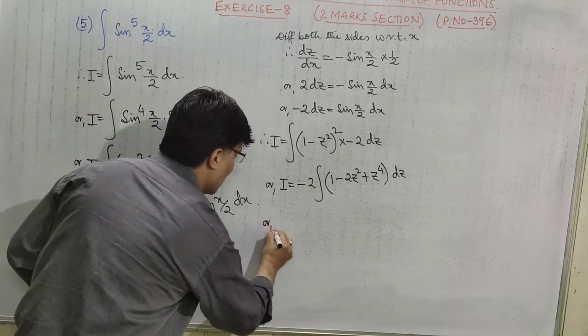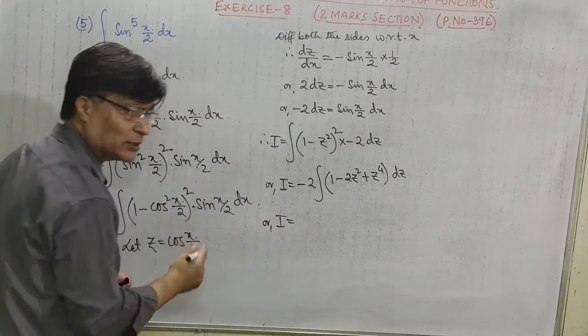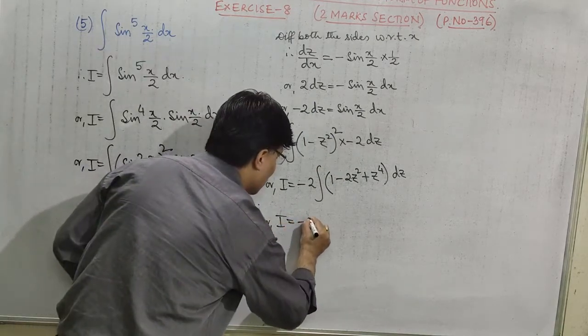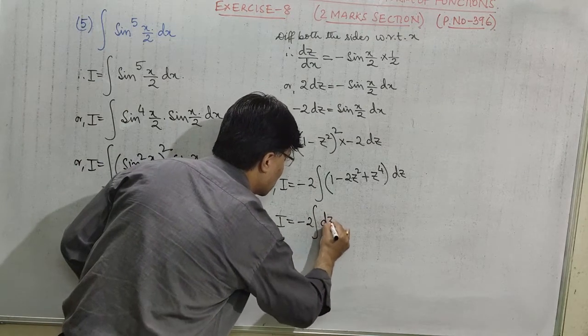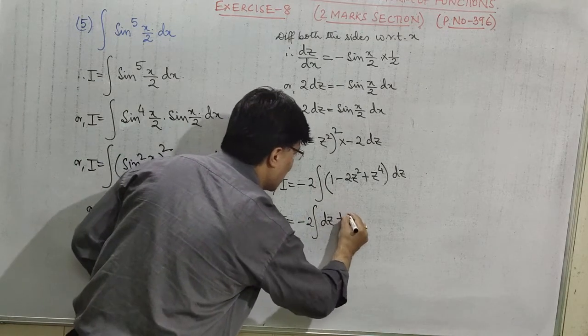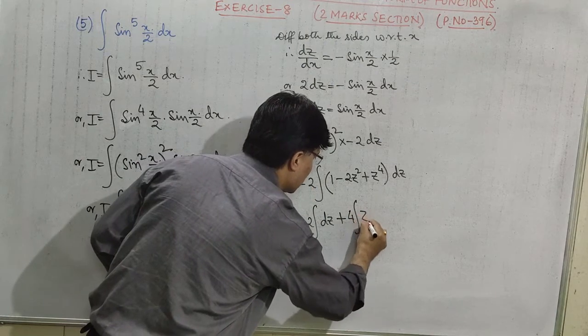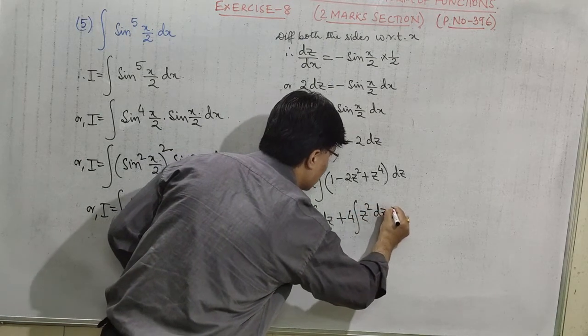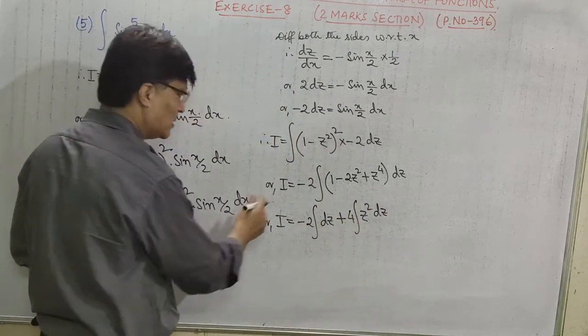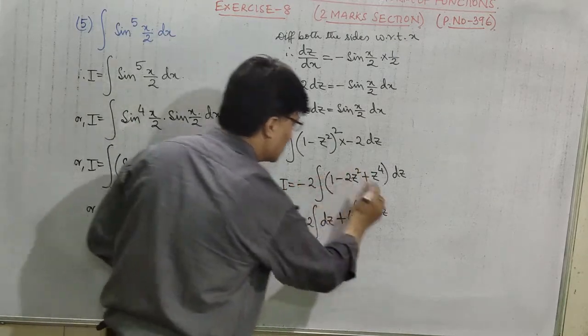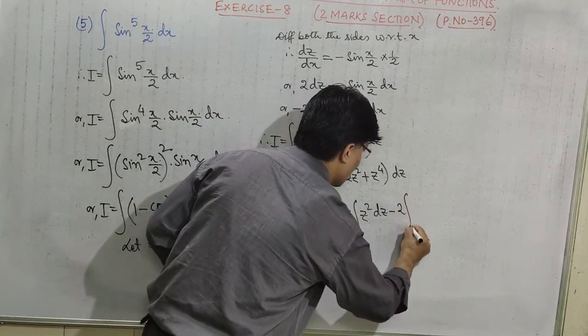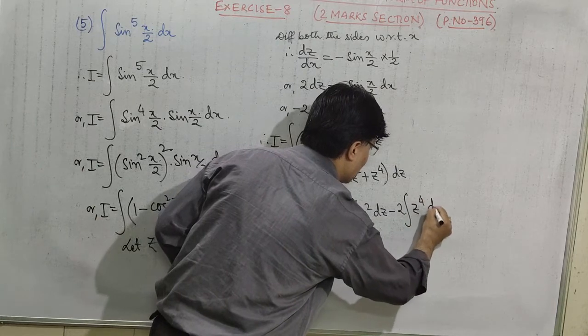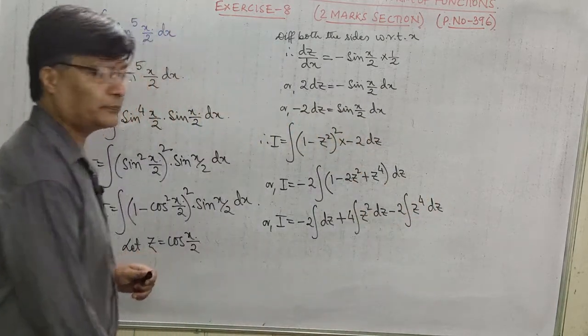Now let us separate the terms and multiply them. Minus 2 integration of dz, minus into minus plus, 4 integration of z square dz, right? Minus into plus, minus 2 integration of z to the power 4 dz.